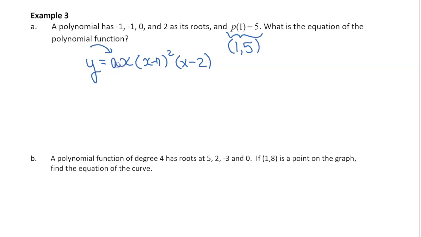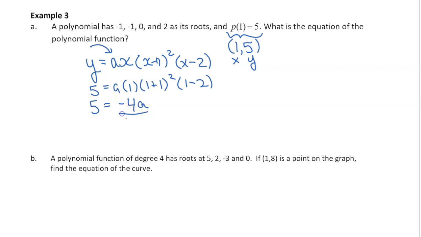So we're going to put an a here, and that's our unknown. That's something that we need to be able to figure out. Based off of that, what we could now do is say, well, I know an x value and a y value for a point, so I can sub that in for x and y, and then I can solve for a. So we would get 1 times 2 squared, so 4 times -1, so we get -4 times a.